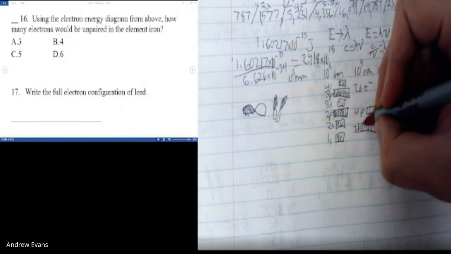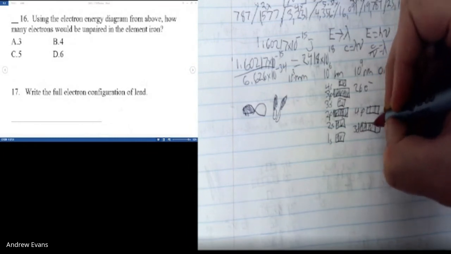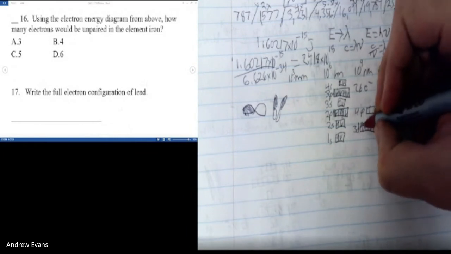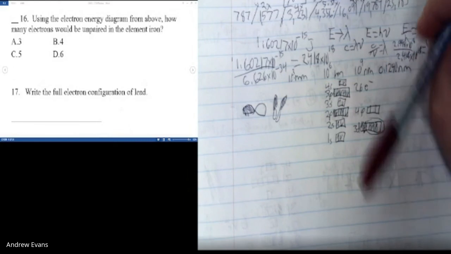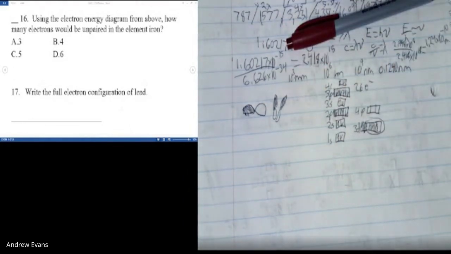Okay, 21, 22, 23, 24, 25, 26. So how many of them are unpaired? 1, 2, 3, 4. 4 unpaired electrons in element iron.